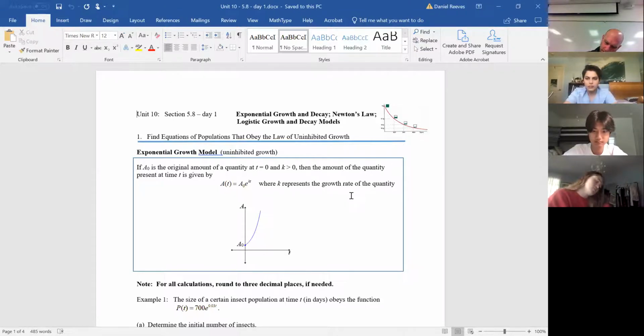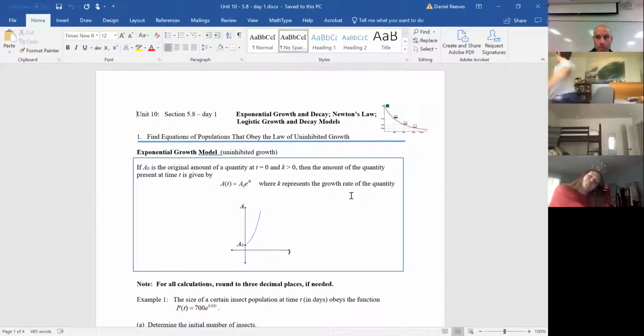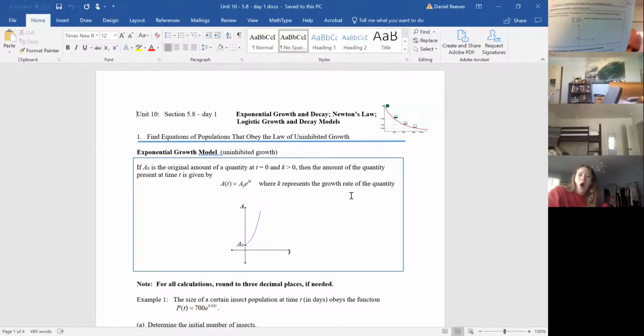Here they're saying that the amount at any time is equal to A sub 0, pronounced A naught, and that really means the initial amount, times e to the kt. You can think of that as A equals P e to the kt if you prefer, where instead of A naught, I'm writing a P for principal amount. So I just change it out for a P instead of an A naught. It shouldn't make any difference.